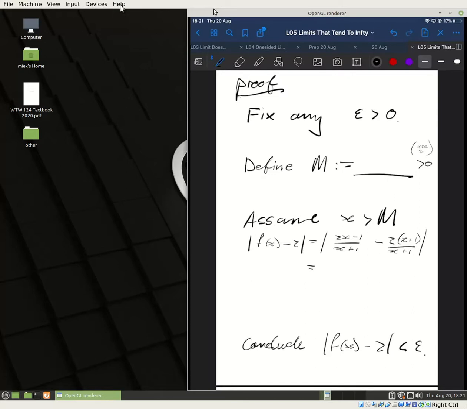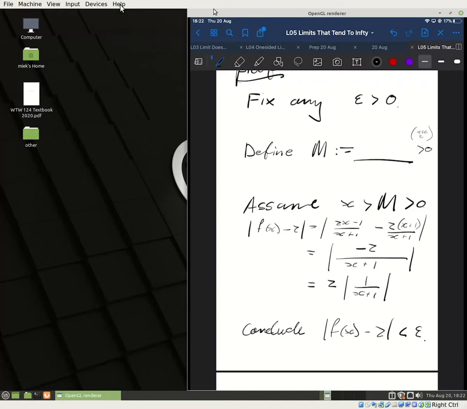Let us simplify everything over x plus 1. That becomes minus 1 and also minus 1, so minus 2, over x plus 1, absolute value. So this is the same as 2 times 1 over the absolute value of x plus 1.